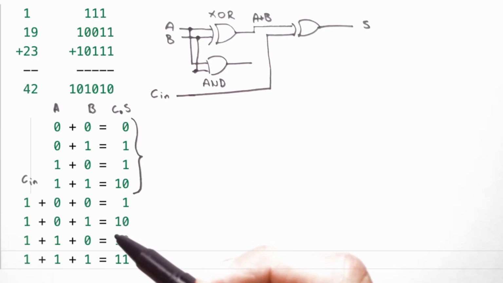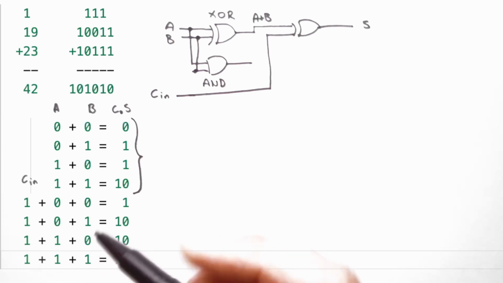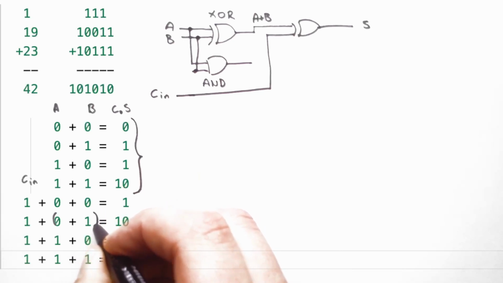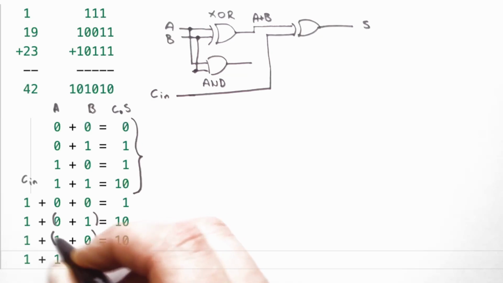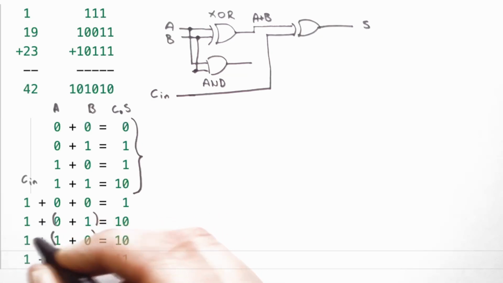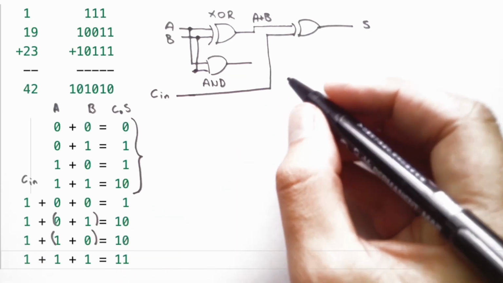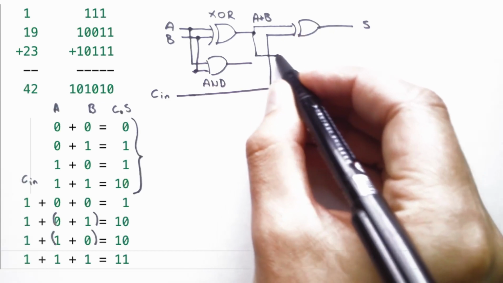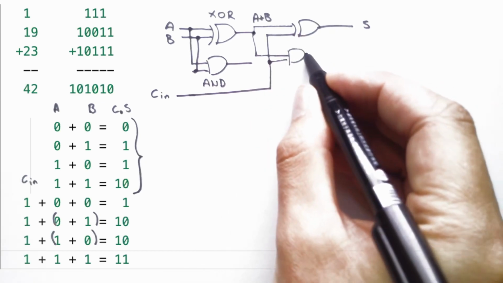So these two cases here are where the sum, so the result of our sum here, if I just put brackets around the sum portion, if the result of this sum is a 1 and our carry in is a 1, then we get a carry. So that's saying the result, our A and B result up here, and our carry in.